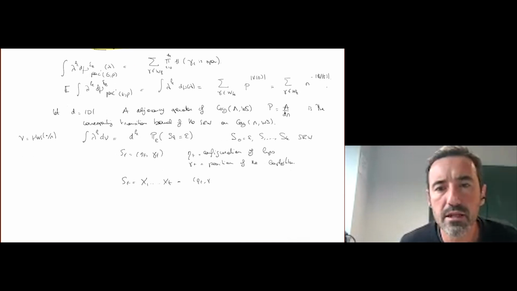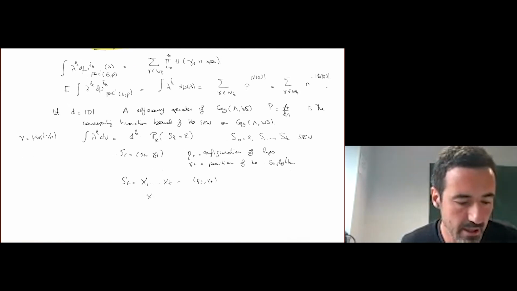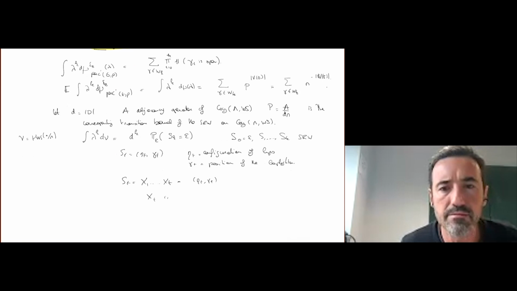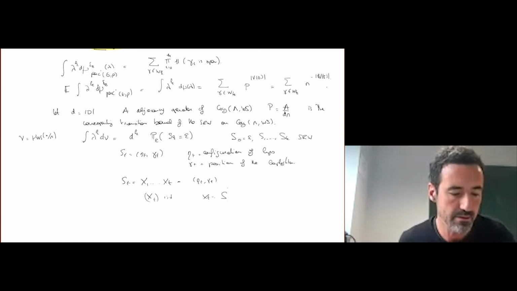It's eta t, gamma t, where the x_t are i.i.d. and uniform on the generating set.